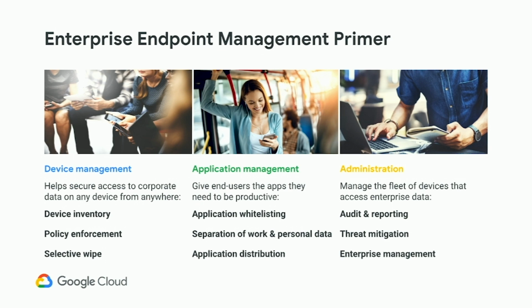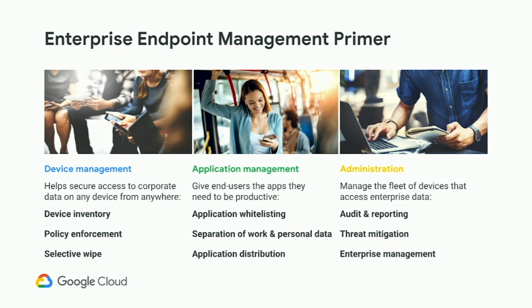The second pillar is application management. So once you've got a device and it's locked down in a way that you feel like it's secure, you want to make sure that your users are productive on that. And so you want to make sure that they have access to the right applications and configured in the right way. And so things like application whitelisting, applications that separate out work and personal data, distributing applications and configuring them, that sort of thing.